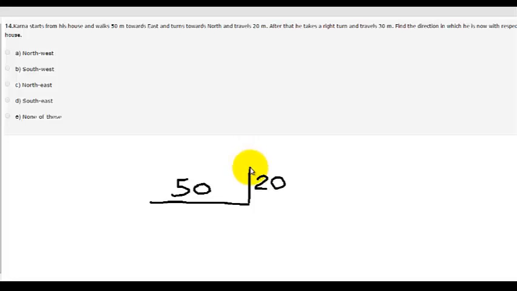We all know when you are facing north, the right is this one. So takes a right turn and travels 30 meters. This is 30 meters. Now find the direction in which he is with respect to his house.